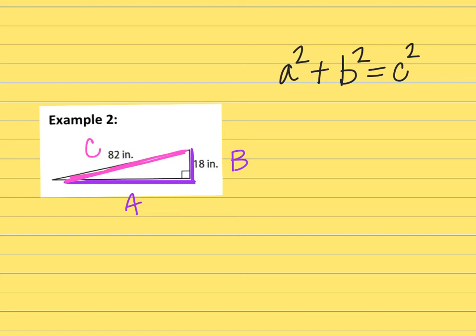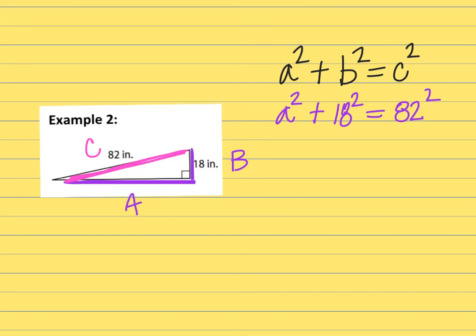So when I come over here to my equation and start substituting the numbers for the variables, A I don't know, so I'm going to keep it A squared. B, the diagram says substitute 18. And then C in the picture is 82, so 82 squared.